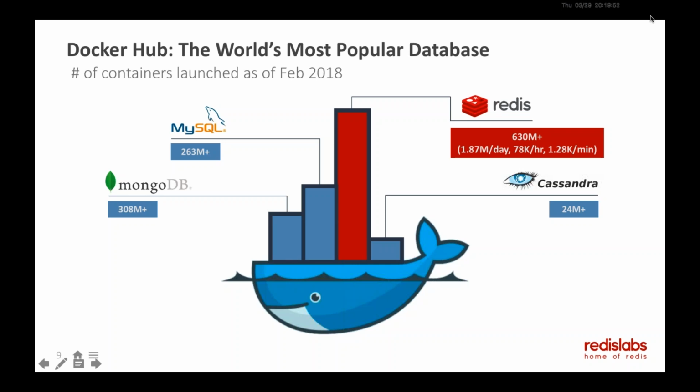If you compare it to some of the other database vendors, we are doing extremely well as far as the downloads go, and the developer interest is what is making this happen. So it's organic growth that is coming in at a grassroots level from the developer community.